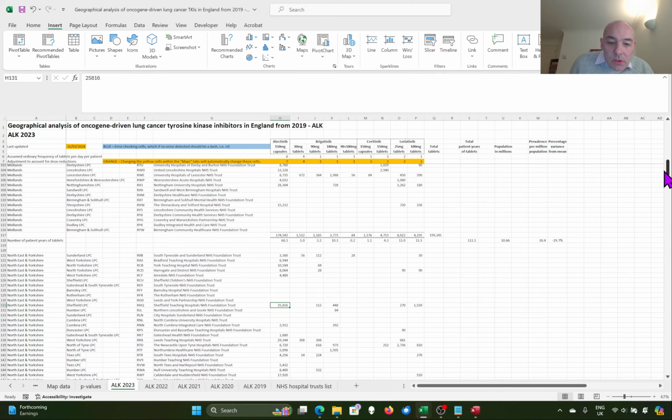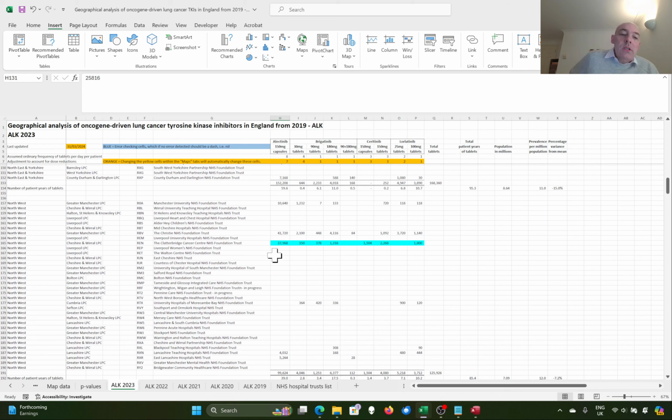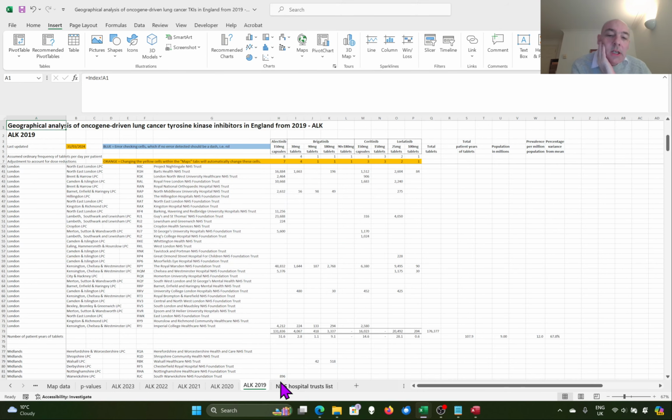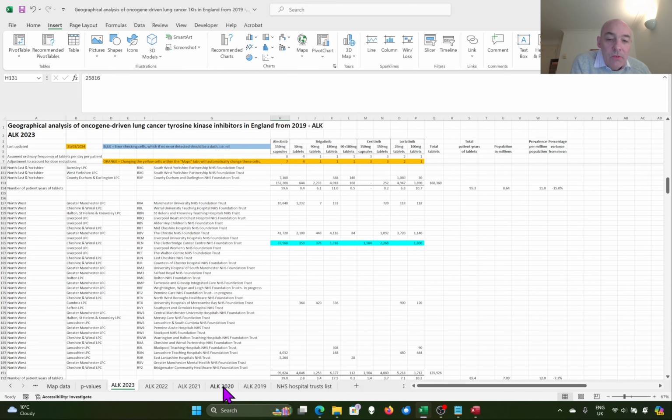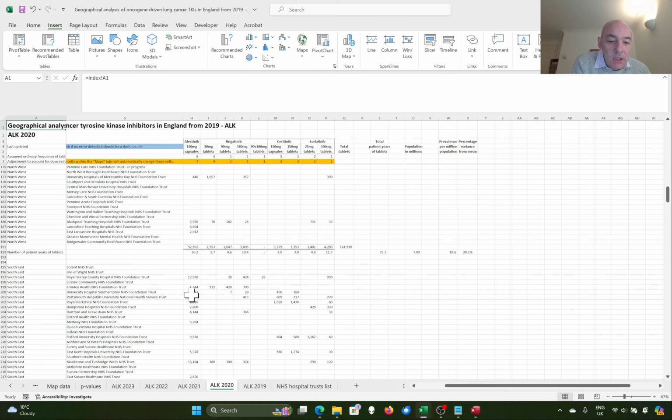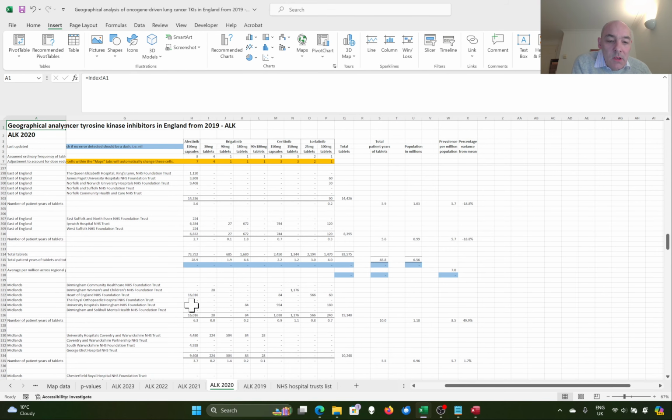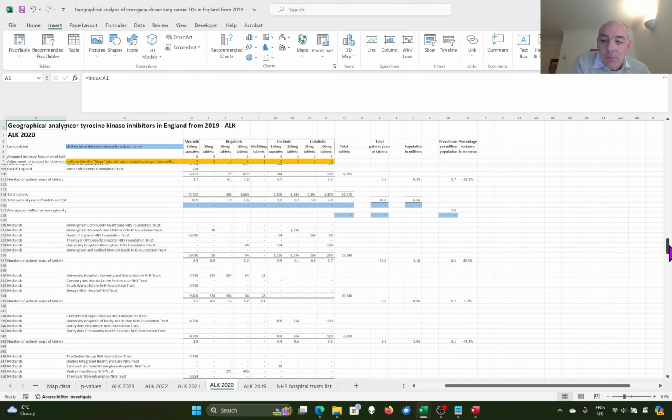There's a light blue row here, and this is for the Clatterbridge NHS Foundation Trust. I'll do a section on this a bit later, but what I've done is I've changed the data for that hospital because unfortunately the NHS secondary care medicines data for the Clatterbridge, for reasons that I don't particularly know, looks odd, and I think it's wrong.